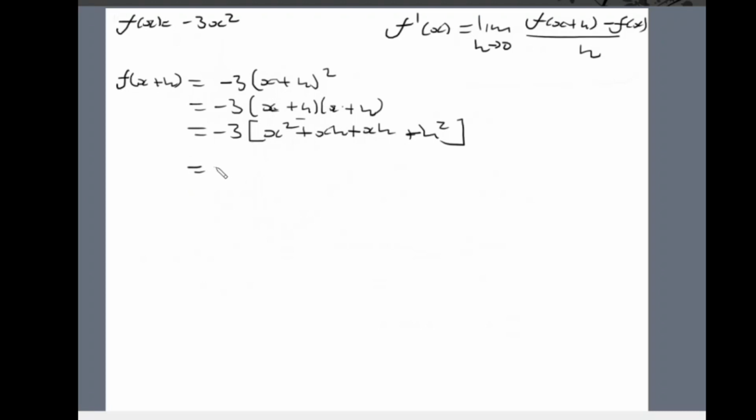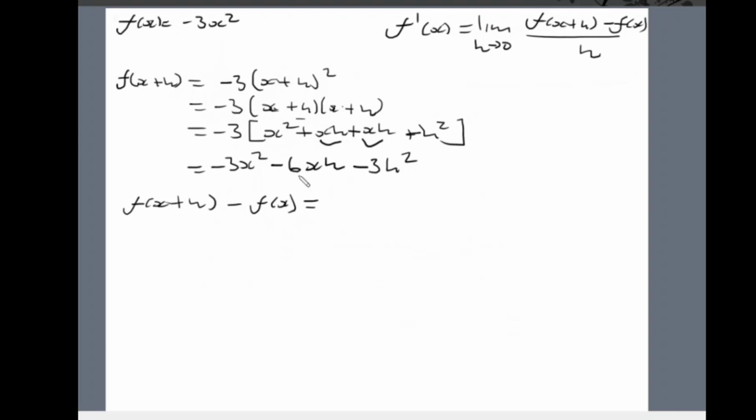And then I have minus 3 x squared minus, I'll have 2xh, right? Minus 3 times the 2xh will be minus 6xh, right? And then minus 3h squared, right? So, and then now I need to calculate my numerator, which is f of x plus h minus f of x, right?